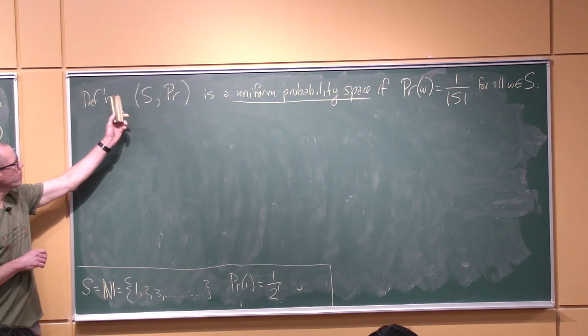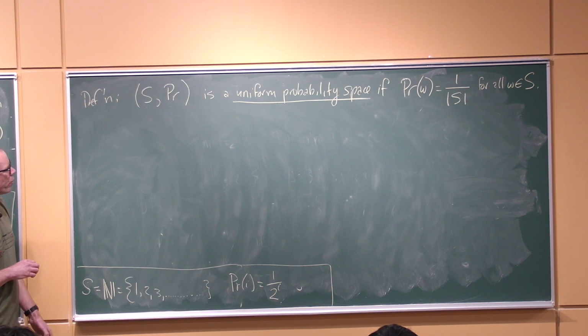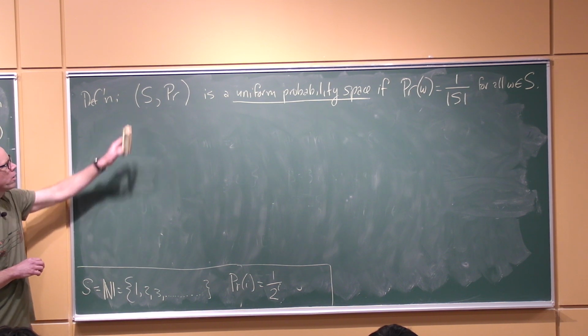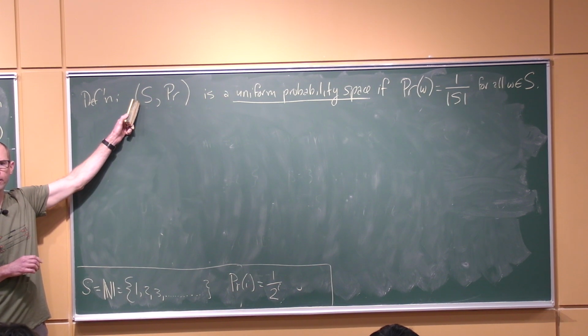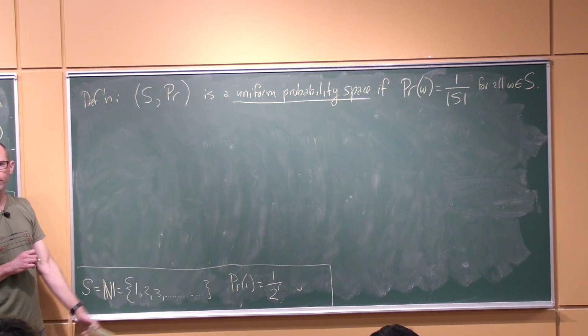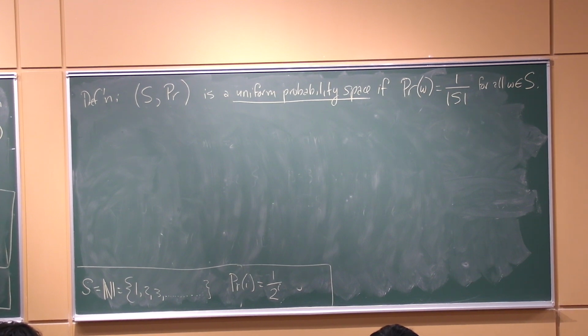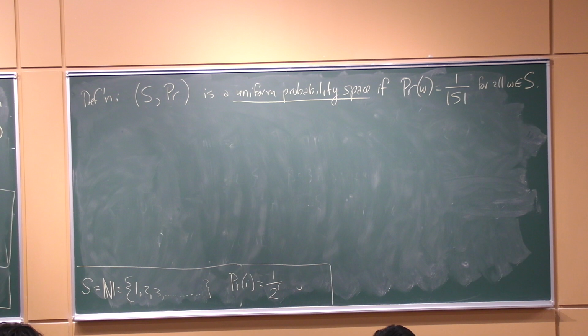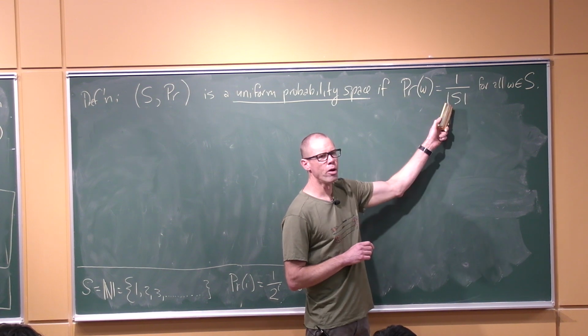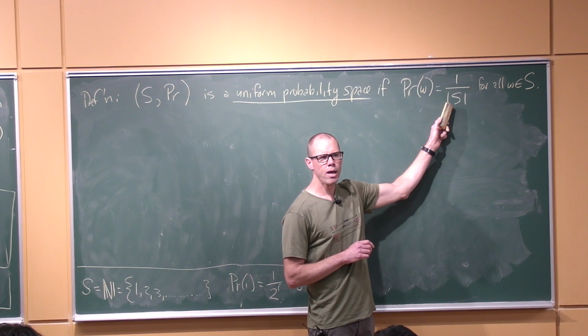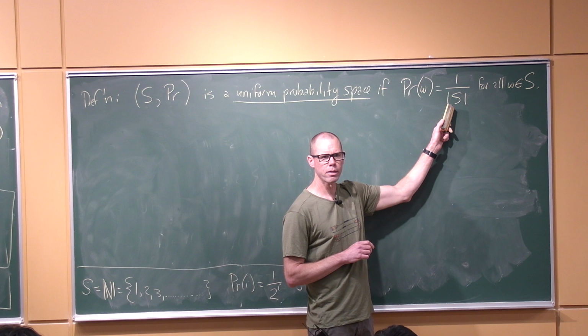Anything else you might notice about this uniform probability space definition? Anything you can tell me about S? Well, if the probability of each thing in S is 1 over the size of S, then this must be well defined.